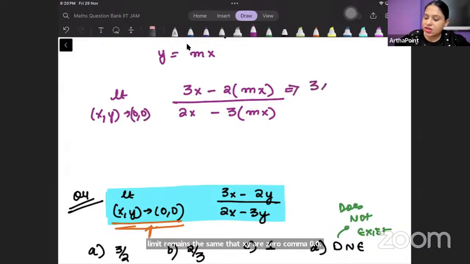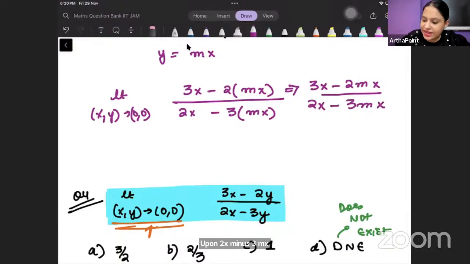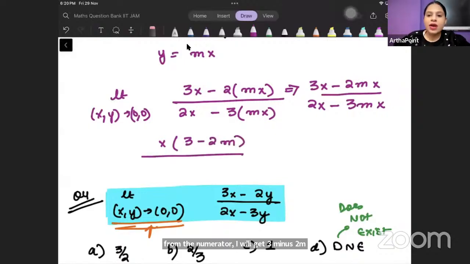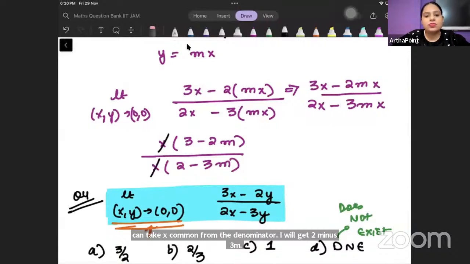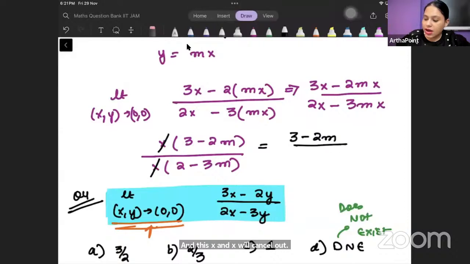I will get 3x minus 2mx upon 2x minus 3mx. I can take x common. From the numerator, I will get 3 minus 2m. I can take x common from the denominator. I will get 2 minus 3m. And this x and x will cancel out. So what will I get? 3 minus 2m upon 2 minus 3m.